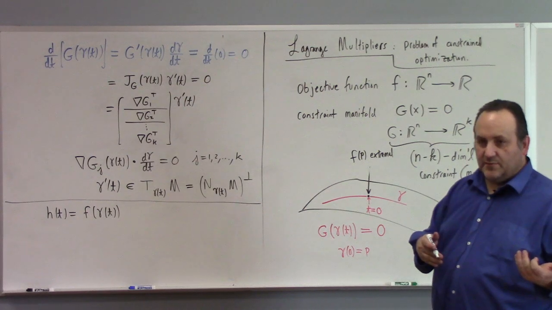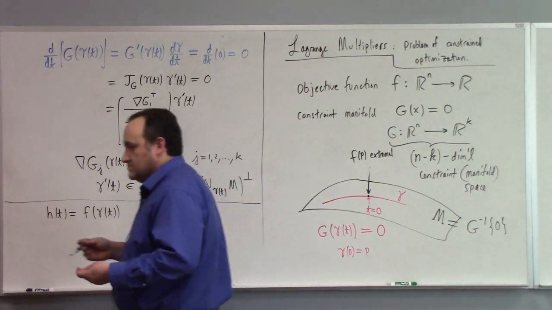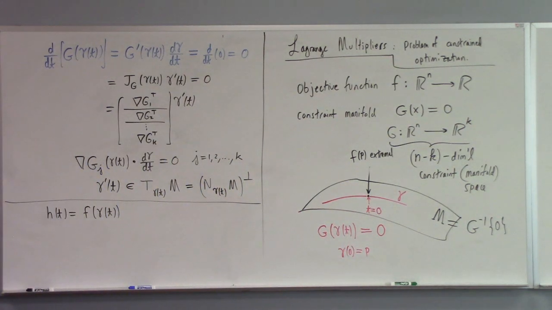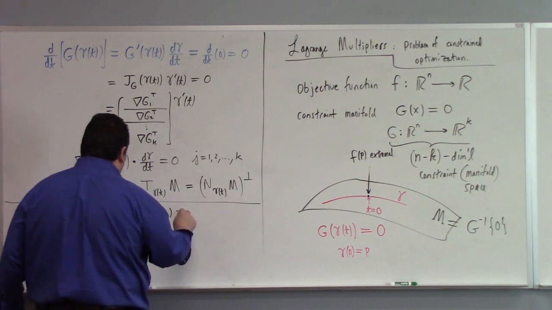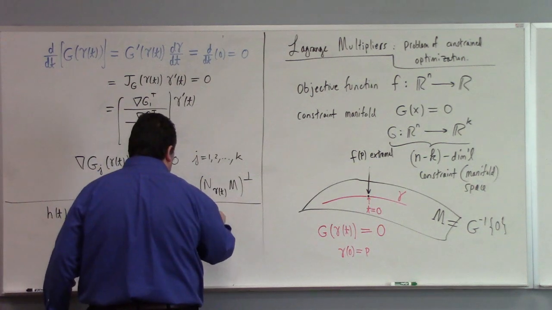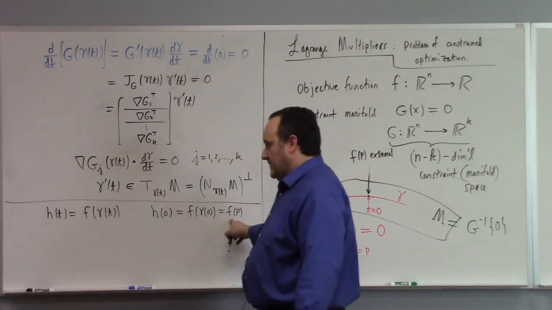What has to happen at t equals 0? Well, h of 0 is what? F of gamma of 0, which is F of p, which is what? That's an extreme value.